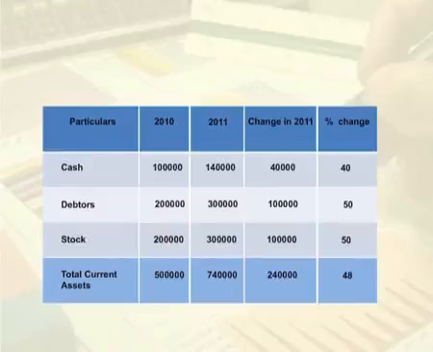One can say that the need for working capital can be managed by quick recovery of debtors, as debtors have increased by 50%. Similarly, the stock can be liquidated faster so as to reduce the blockage of funds in inventory.